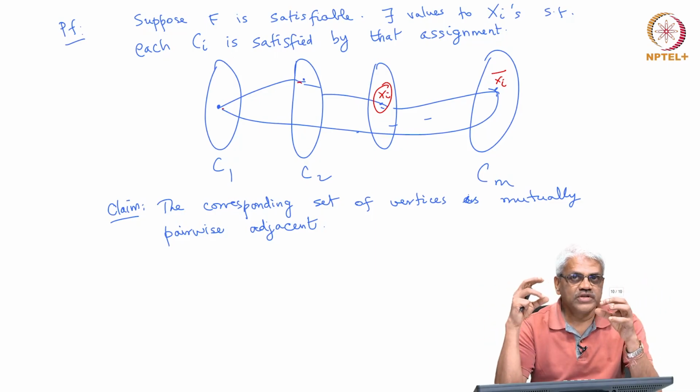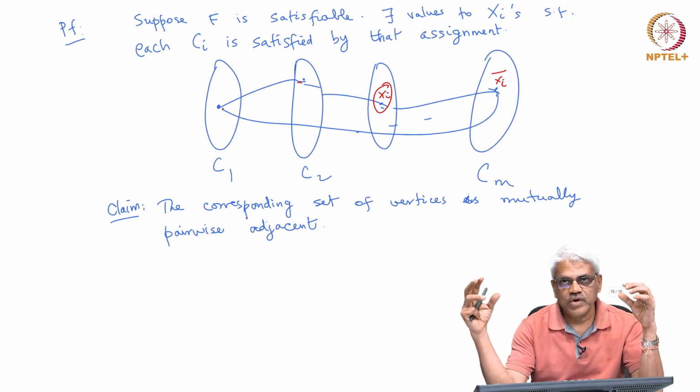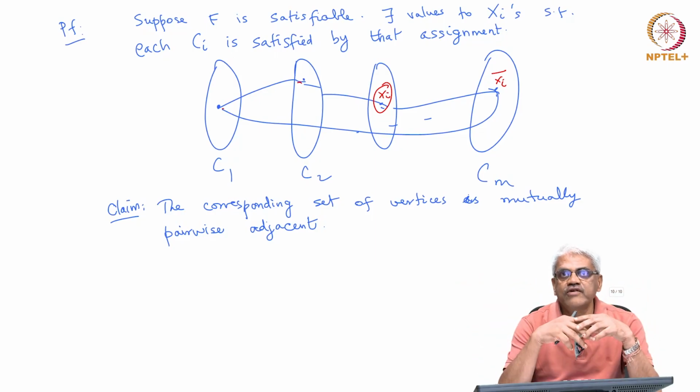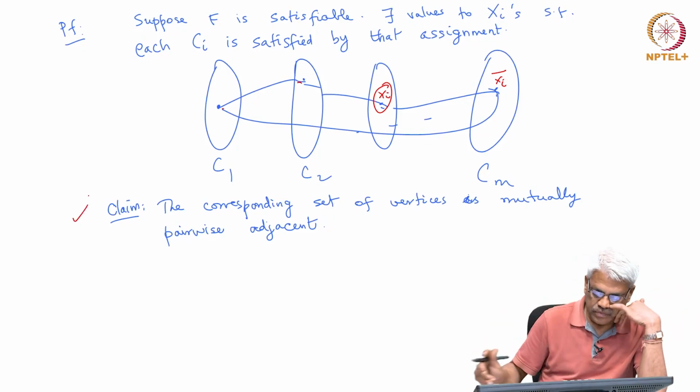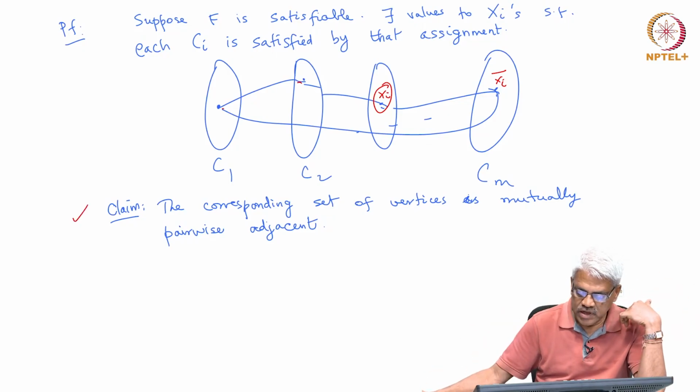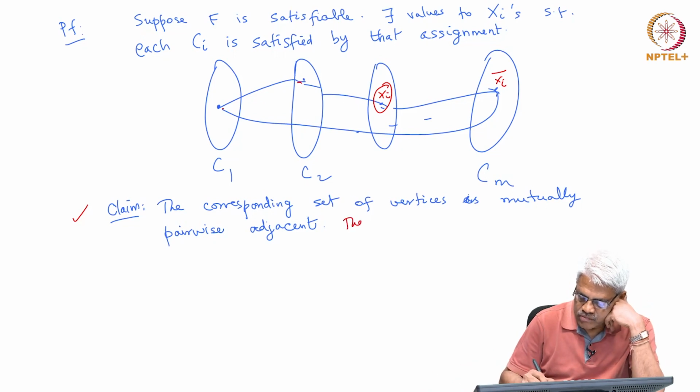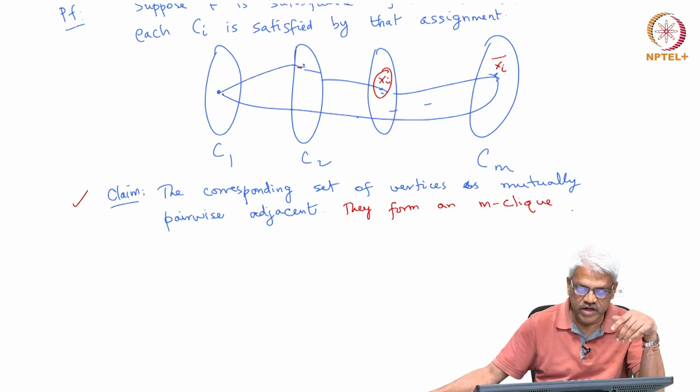So, it is not possible there is an xi in one class and xi bar in another class. So, there will be an edge between every pair of vertices. Okay. So, that means they form a clique. So, if it is satisfiable, then there is an M clique. That is one direction we have shown.